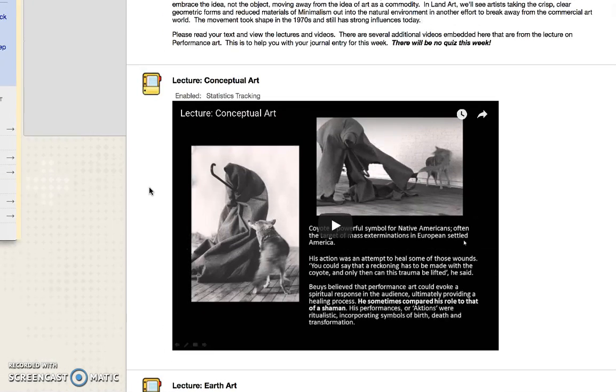So, what do I want to say as a quick introduction to this week? It seems that every time we get to a place where it's hard to believe art could get any more challenging or any more anti-establishment, the bar is raised. And I think that's what happens this week.